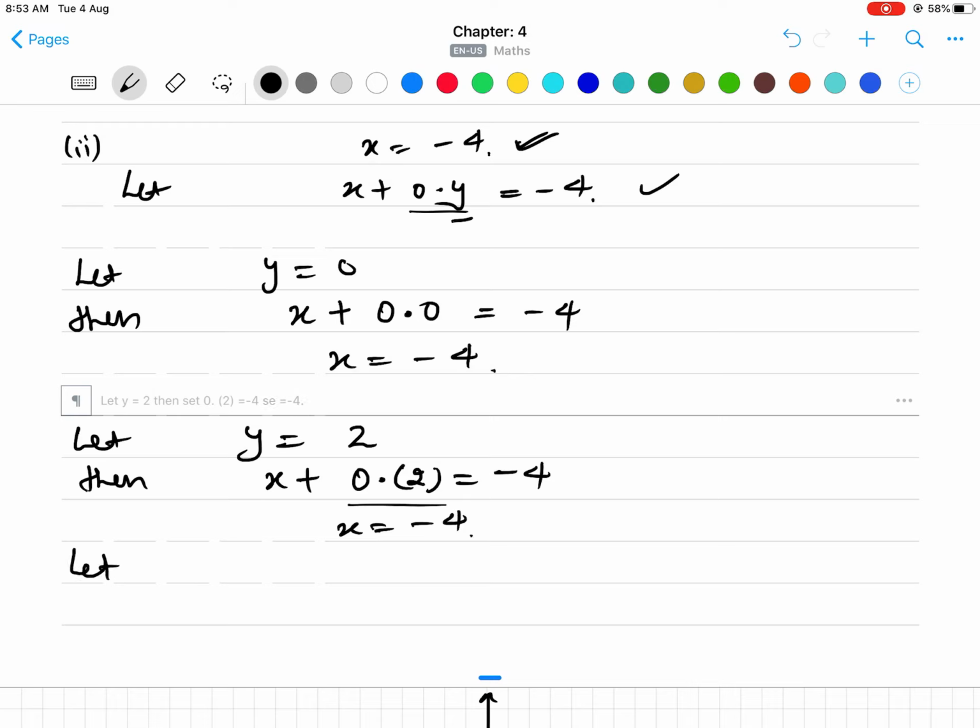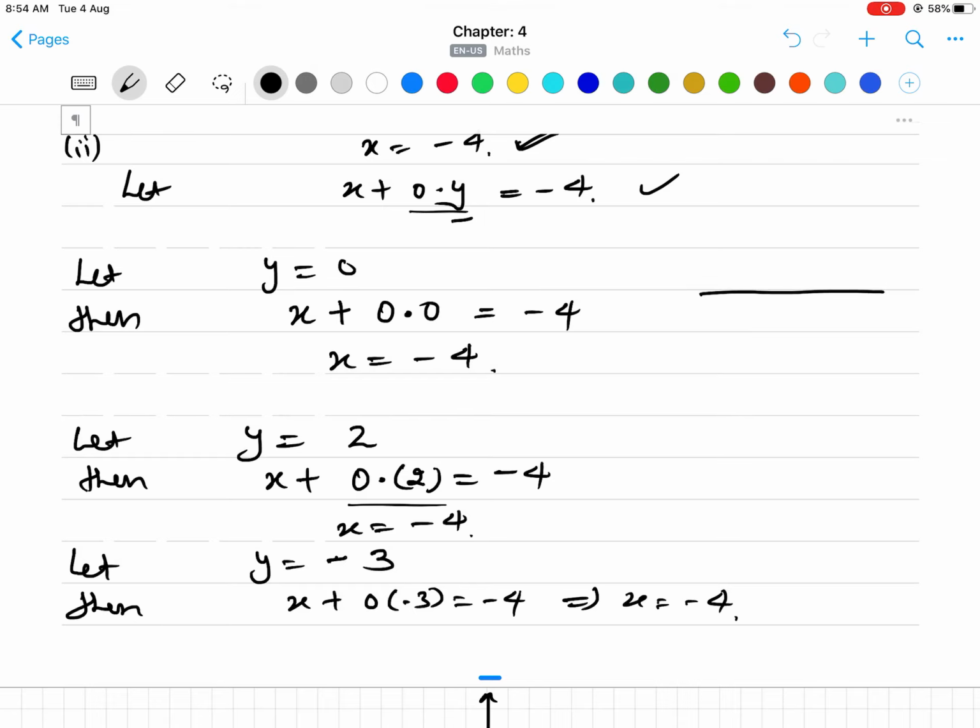Now let's take another solution. Let y equal to minus 3. Then again we have x plus 0 into minus 3 equals to minus 4. This will result in again x equals to minus 4.